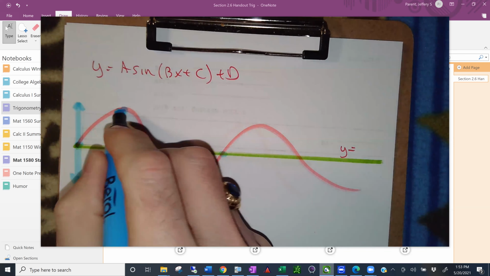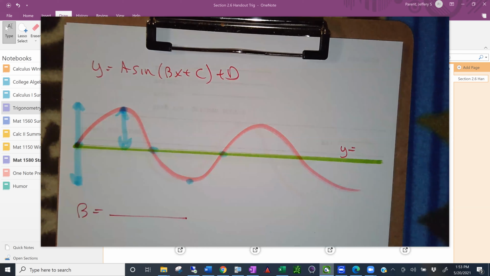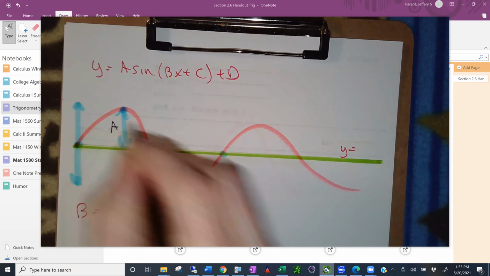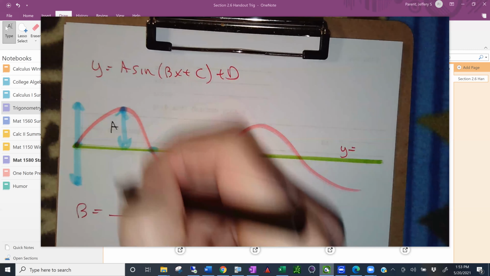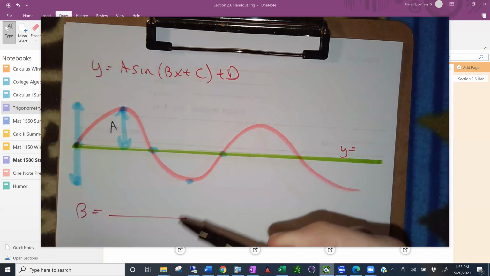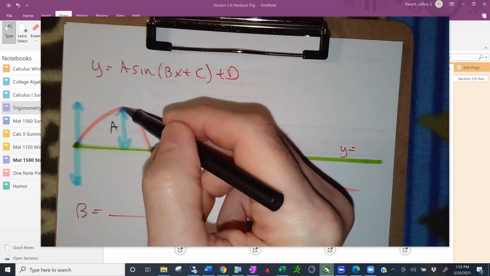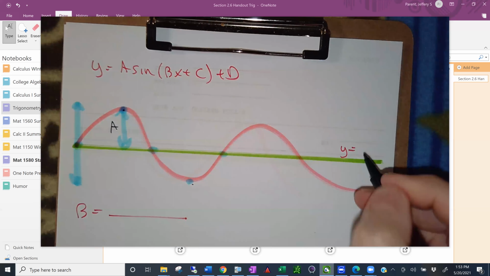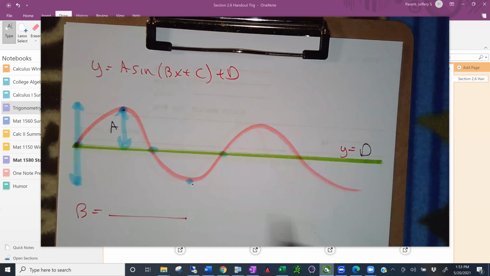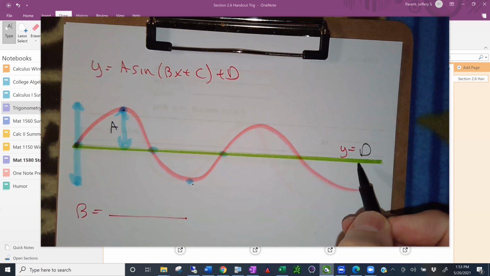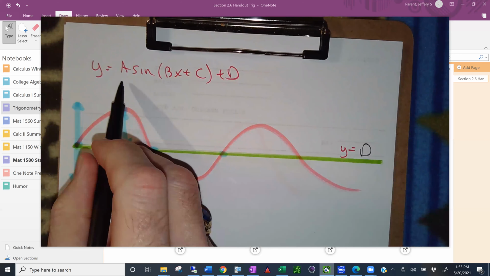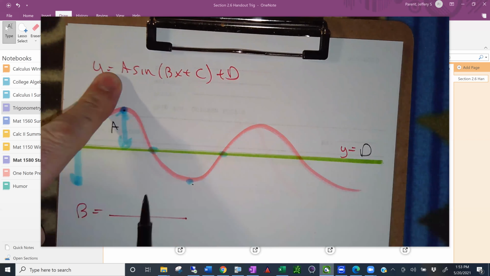So this distance right here would be A. This distance here is kind of like the middle line. So it's the average of these 2 points. It's the average of the high and the low. So that's going to be your D there. What else do I need to adjust this? We've adjusted the amplitude and the height.